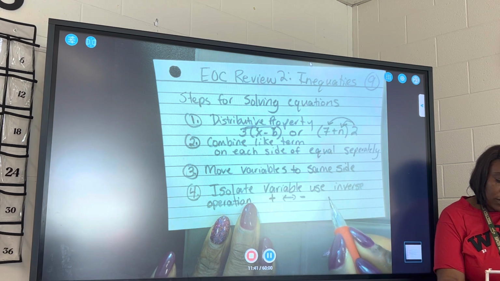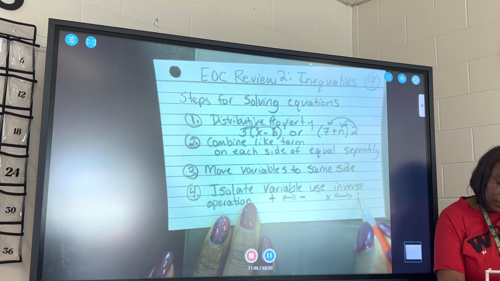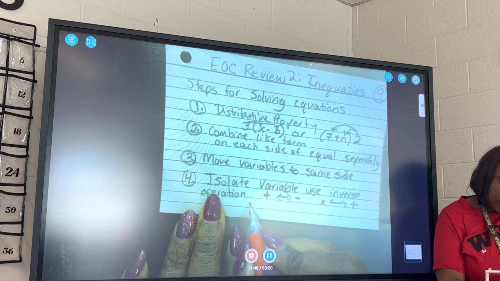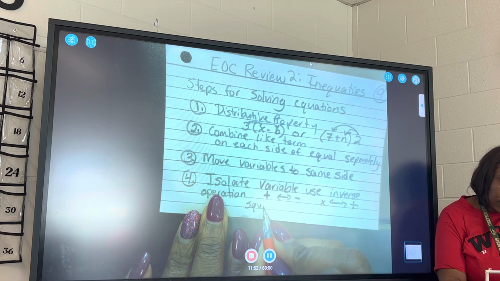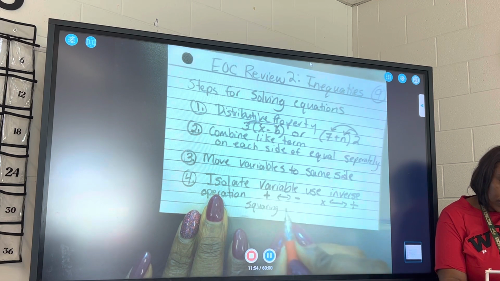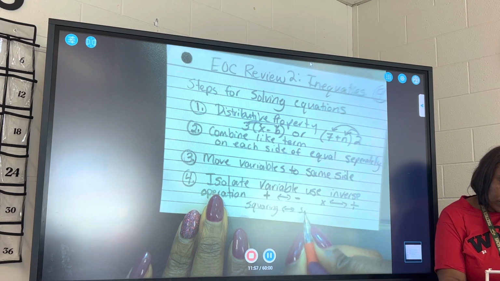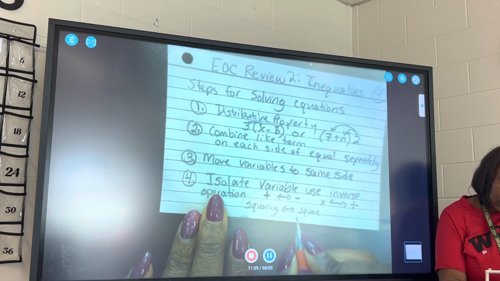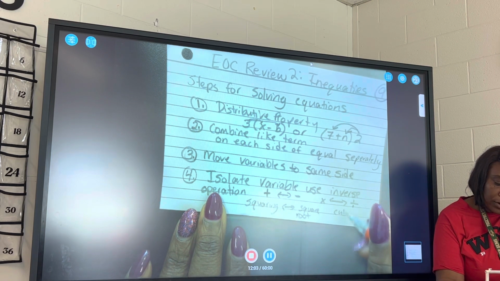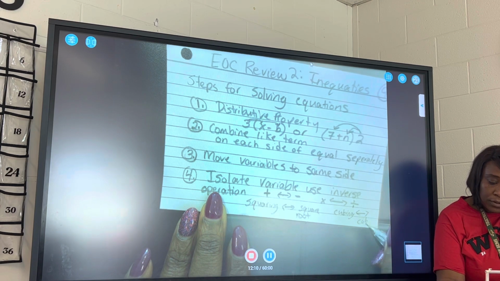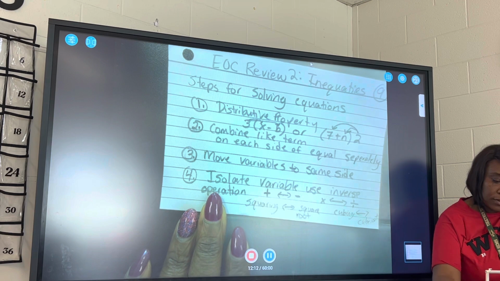The opposite of multiplication is division. The opposite of squaring a number is square root. The opposite of cubing a number is cube root. We forget those.